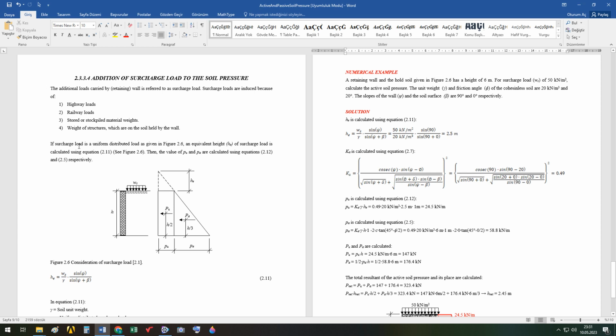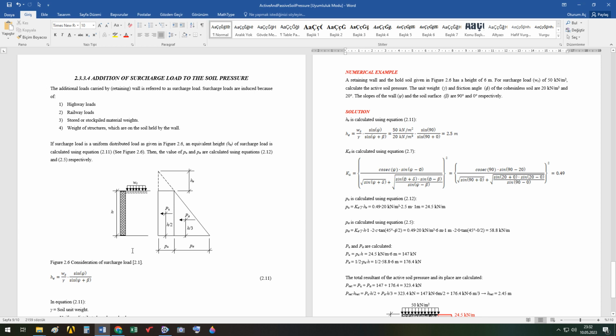If surcharge load is a uniform distributed load, as given in figure 2.6, generally it can be assumed as distributed load. An equivalent height of a surcharge load, as given here, is calculated using equation 2.11. Here Ws is the magnitude of the uniformly distributed load.